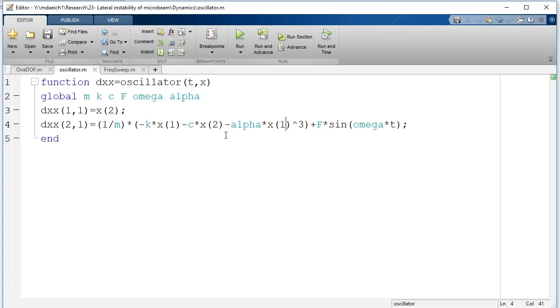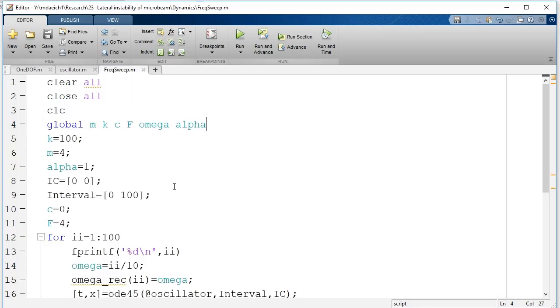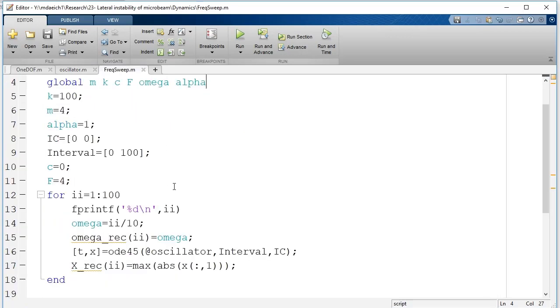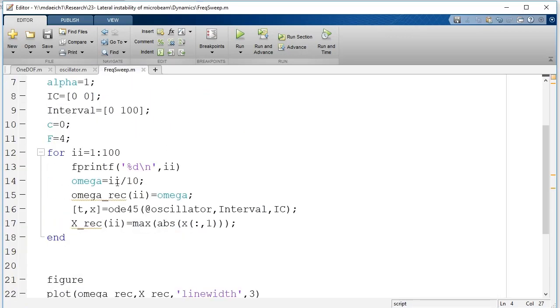We have no damping, we put c equal to 0, and we want to just do a frequency sweep to see what happens to the maximum amplitude of vibration when we are sweeping omega. So here let's also make the step a little finer.